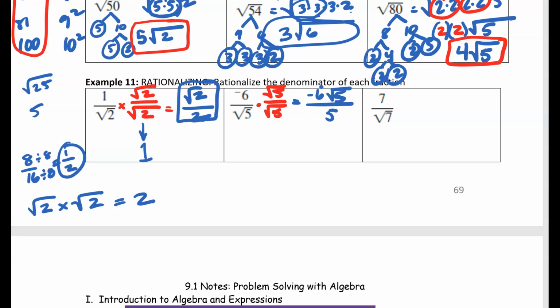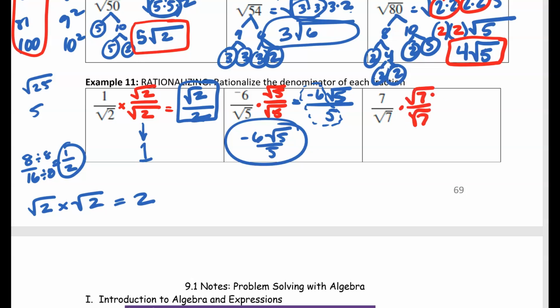Now, keep in mind that if the numbers outside the square roots, like these two numbers, can be reduced in any way, if they have a common factor, then you do need to reduce them. Negative 6 and 5 don't reduce, so the final answer is just this. Okay, so for the next one, I'm going to multiply the top and bottom by root 7. In the denominator, I end up getting 7, and on the top, I get 7 times the square root of 7.